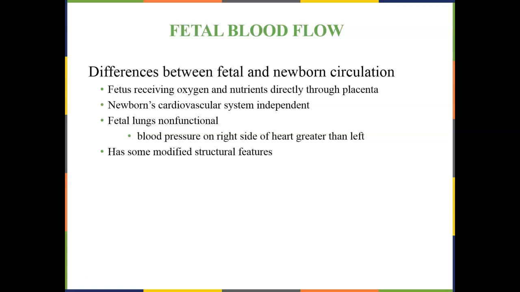But in the fetus, all the nutrients come from mom, all the oxygen comes from mom. Everything is coming from mom, and it all comes from that placenta. Because of this, and because the lungs are non-functional, we have to have modifications of our blood vessels to get the nutrients to the proper areas.